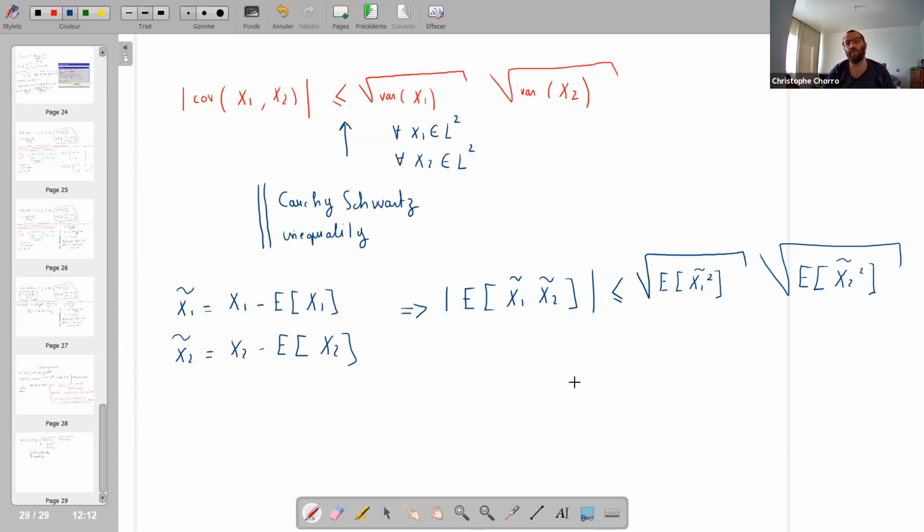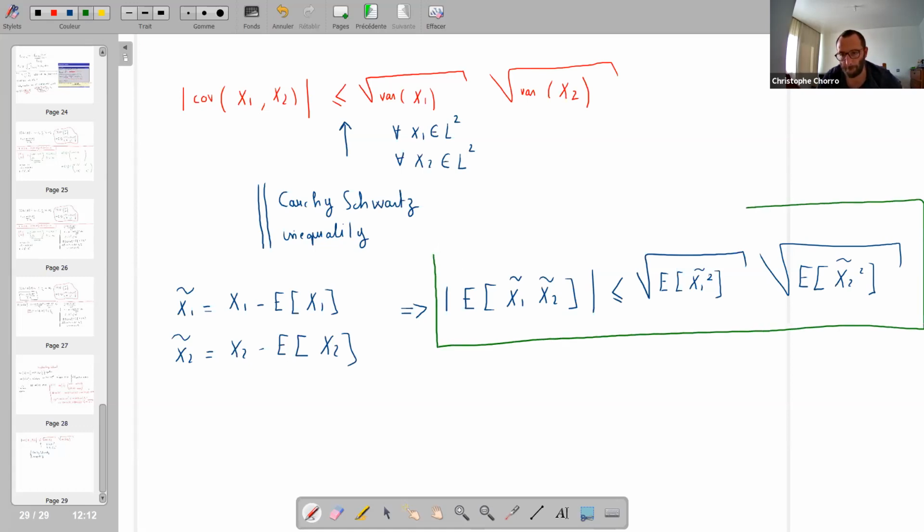So in general, in textbooks, what we call the Cauchy-Schwarz inequality takes this form. That is just a variant of what I have proved here using the fact that the variance covariance matrix is a positive matrix, and so has a positive determinant. It's the usual form, for all x1 tilde belonging to L2 and for all x2 tilde belonging to L2, of what we call the Cauchy-Schwarz inequality.